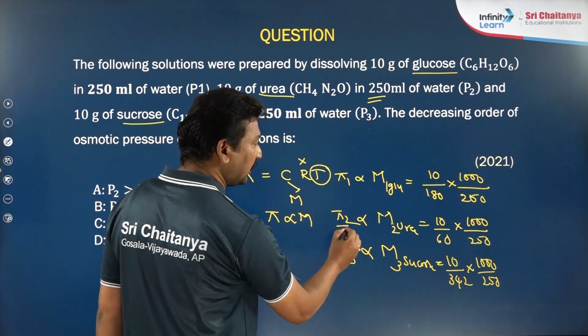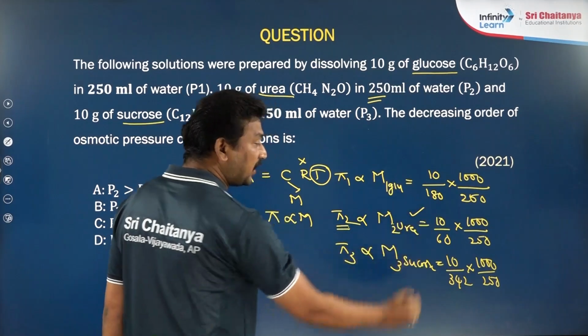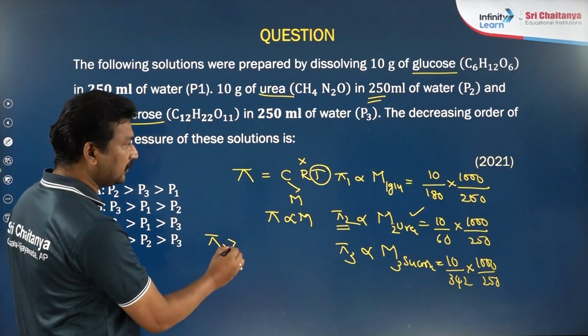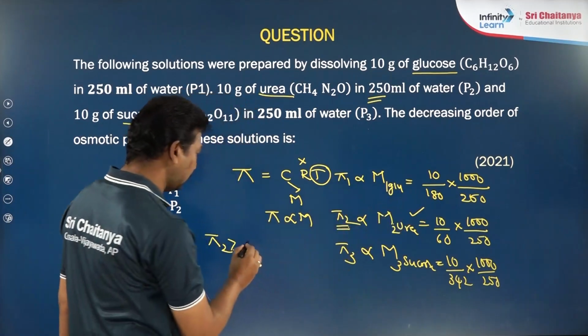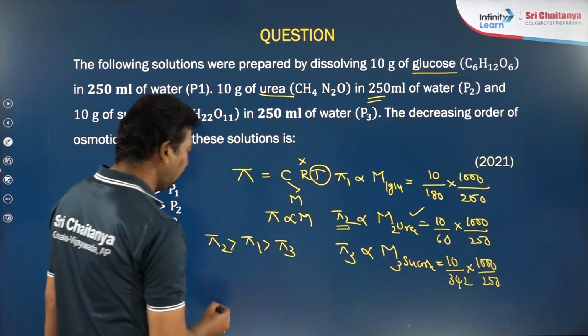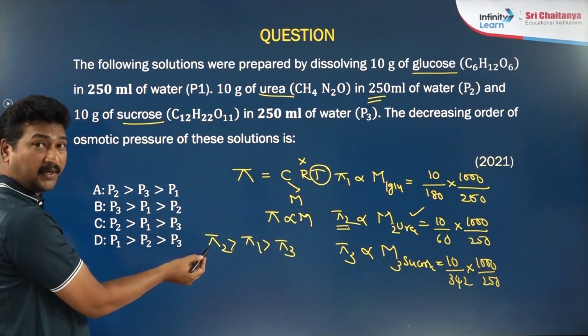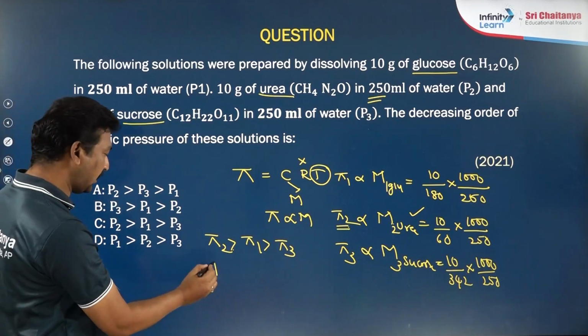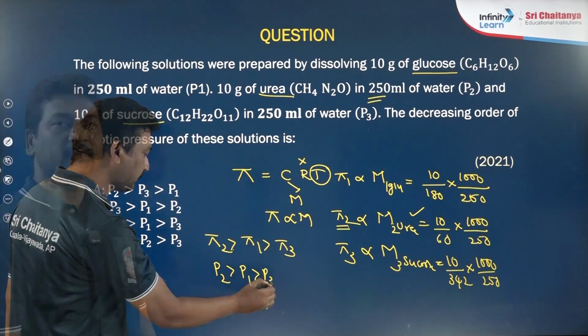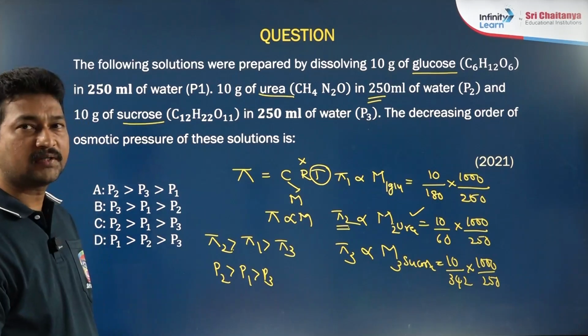Which is the higher? Pi 2 value will be the higher. So pi 2 is greater than pi 1, which is greater than pi 3. Here they would have taken P instead of pi, so I am mentioning P2 greater than P1 greater than P3. Understand, my dear students? Hope you understand.